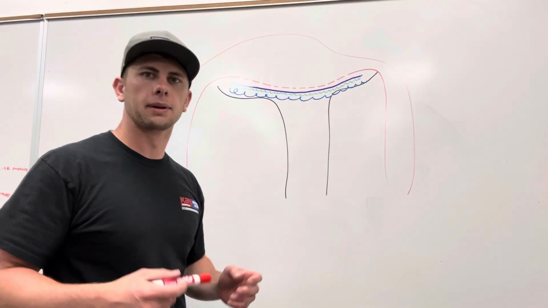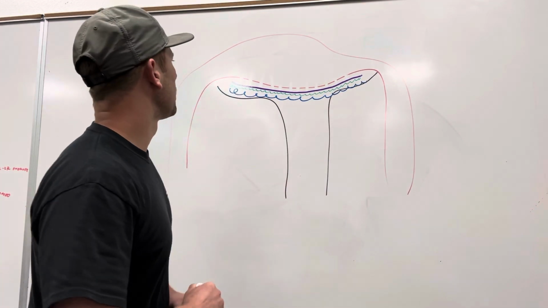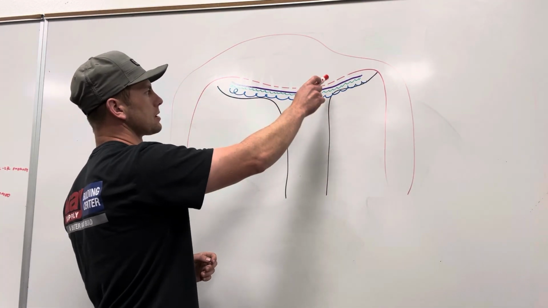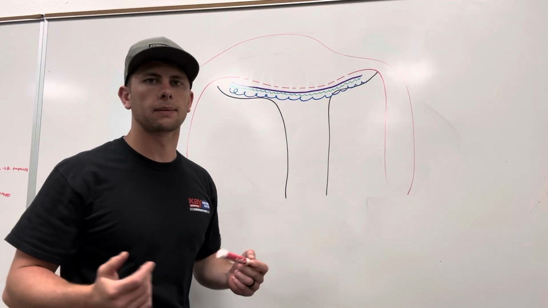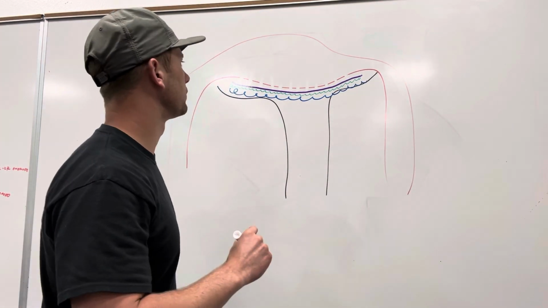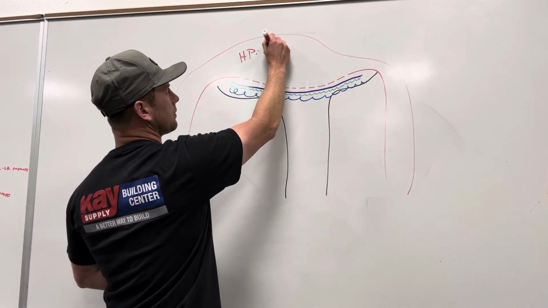All right, now I'm going to explain how filtration happens in the renal corpuscle. So this is the glomerulus, and we're first going to talk about a couple of pressures that drive filtration. So we have a hydrostatic pressure of 55.